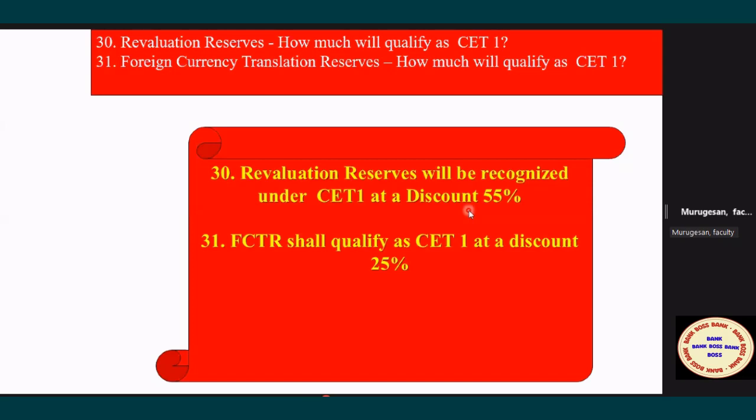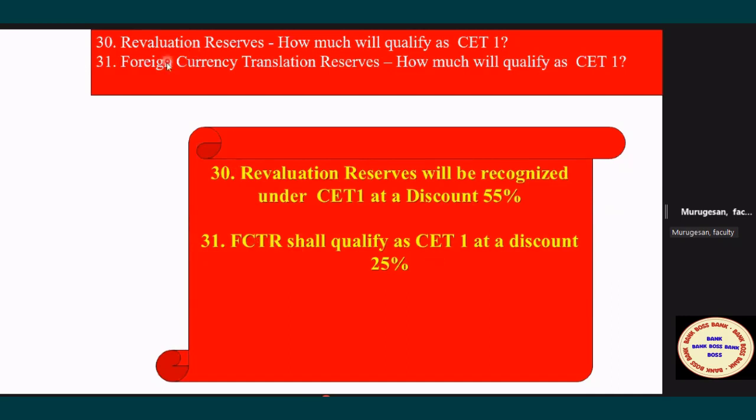Yes, it will be recognized as Tier 1, but for the purpose of calculating CET1, only 45% of the revaluation reserves will be taken as the real value. The discount of 55% means you are reducing the value. That is how it will be loaded as CET1. CET1 means common equity Tier 1.